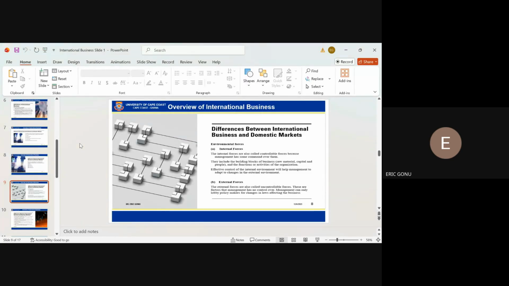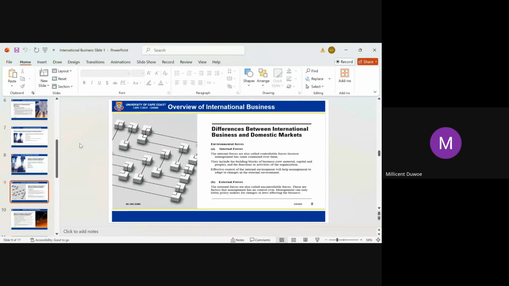Okay. Any example or any contribution or any question? Sir, please, I want to know. So that means the environmental forces, the internal forces, will be classified under domestic?